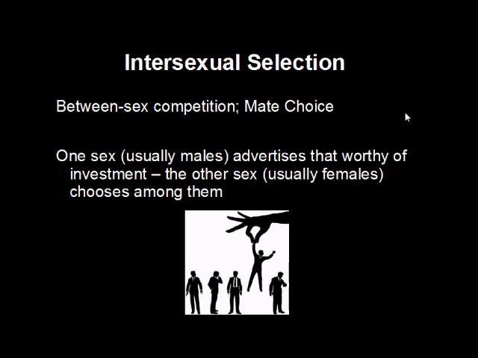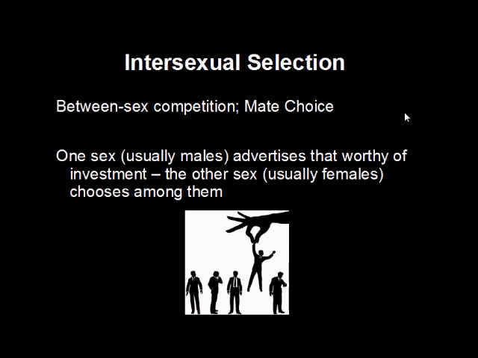Now, intersexual selection, if you think of the name, think about intraspecies and interspecies. Inter means between, and intra means within. So intersexual selection, that's between the sexes, between sex competition. That's also known as mate choice.